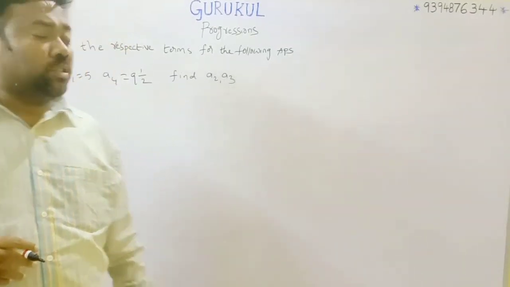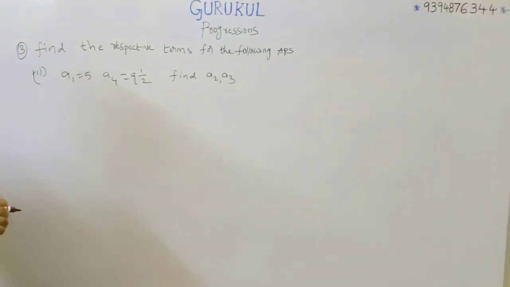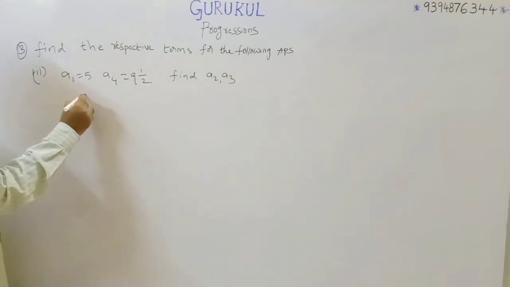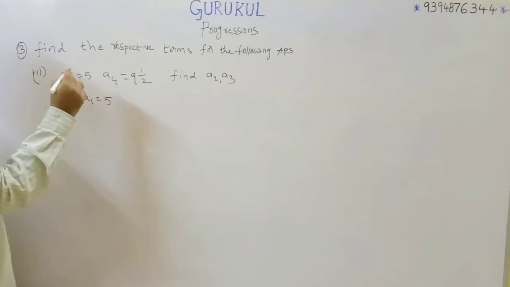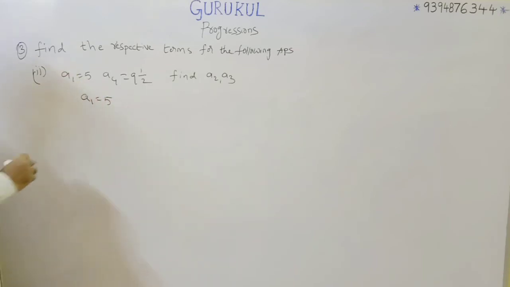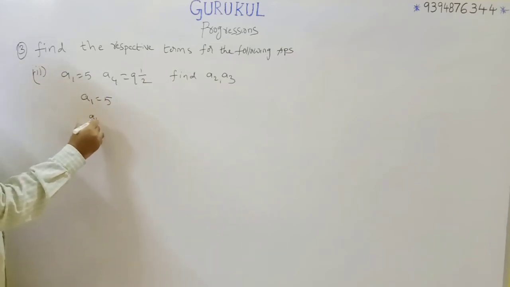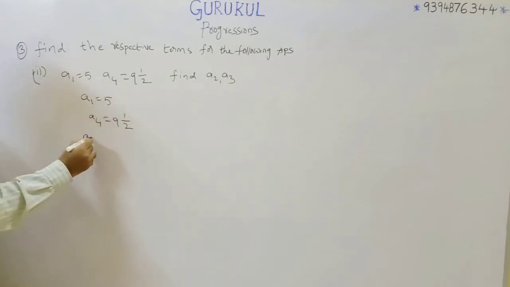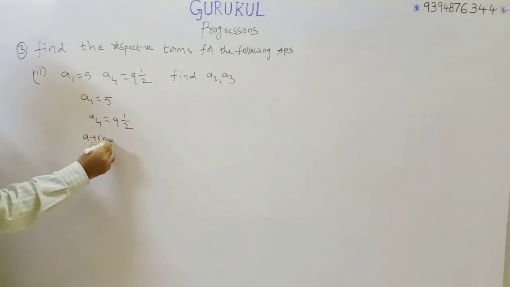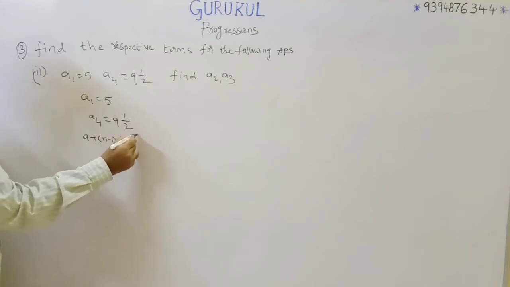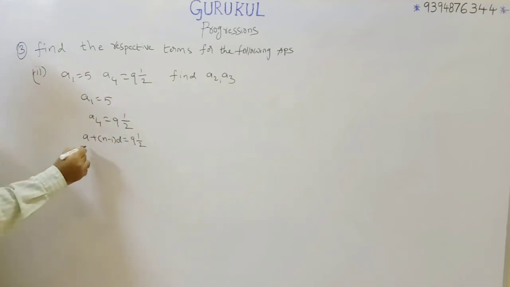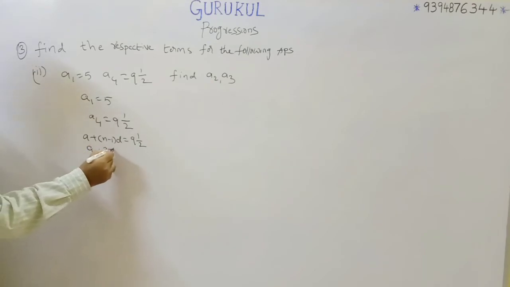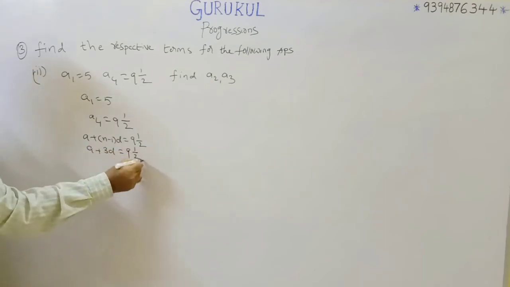Next question, third question. Given a1 equals 5, a4 equals 9 1 by 2, find a2, a3. Here given a1 equals 5. Next, a4 equals 9 1 by 2. That value is equal to a plus (n minus 1) into d equals 9 1 by 2. a plus 3d equals 9 1 by 2.